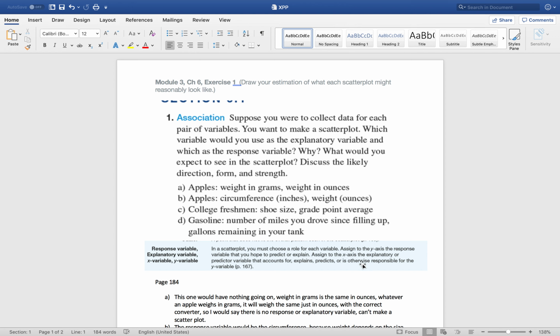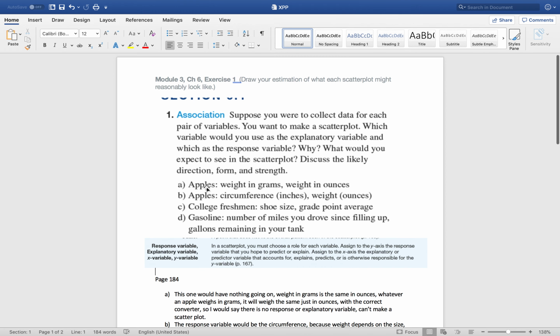Assign to the x-axis the explanatory or predictor variable that accounts for, explains, predicts, or is otherwise responsible for the y variable. It's kind of easy to think of response and explanatory as independent and dependent. The explanatory is kind of the one that explains what happens as a result to the response.